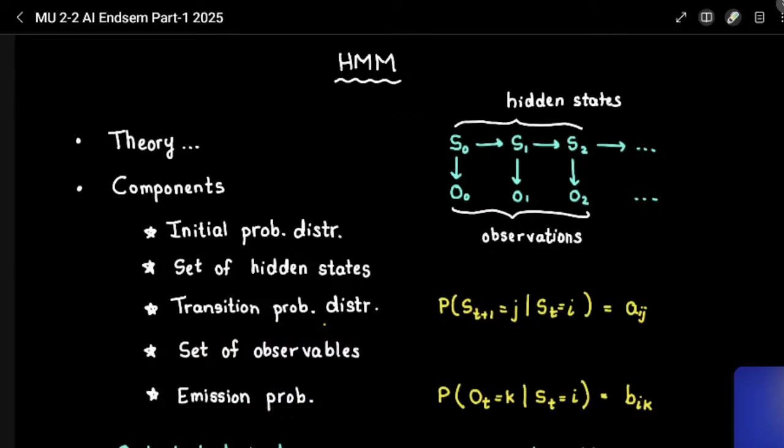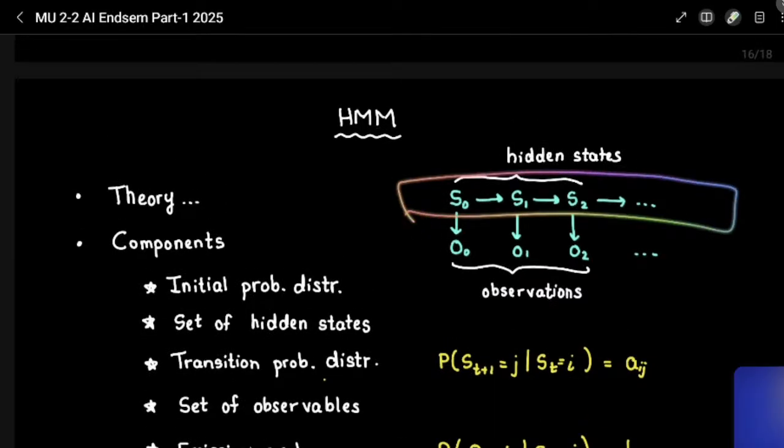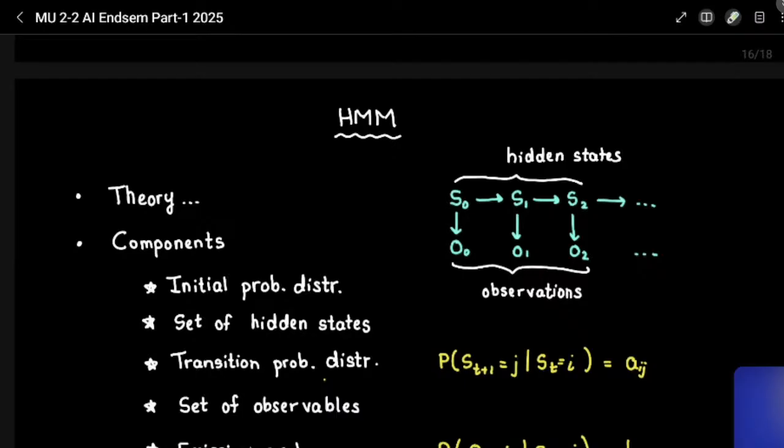Now if you remember, in Markov processes you only had the top portion. It was just the world moving from one state to the other. But in hidden Markov, you still have the same thing. You have the world that moves from one state to the other, but you cannot observe that state.